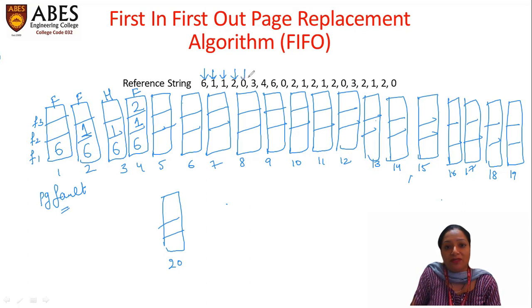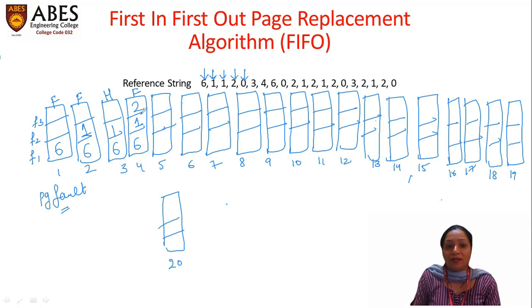Now coming to the page reference number 0, we can see that page number 0 is not present in any of these frames, and also not any of the frames is empty. So we need to make a space for the incoming request of the page number 0. Now here comes the role of the first in first out page replacement algorithm.